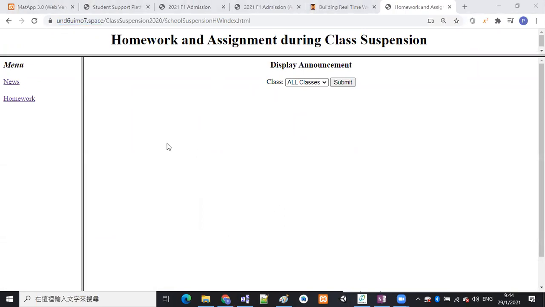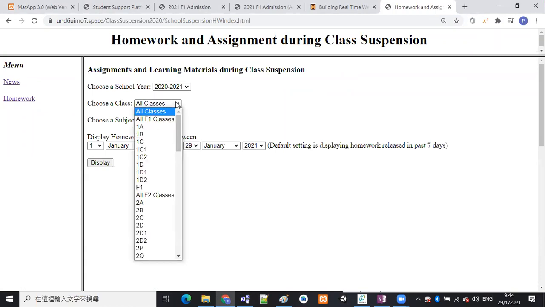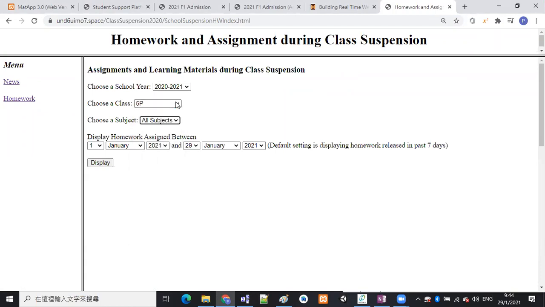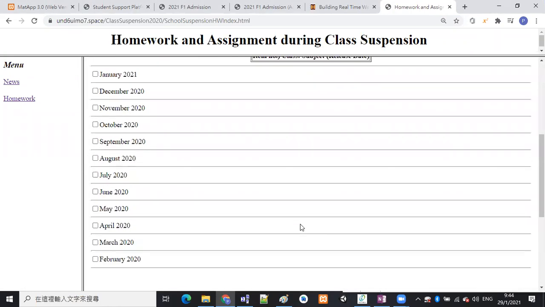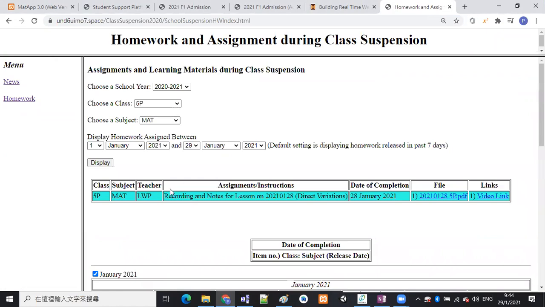When you click homework, you choose, for example, 5P and then maths, and then you click display, and you will see a calendar. All the Zoom recordings have been uploaded to this platform, and the video link is here.